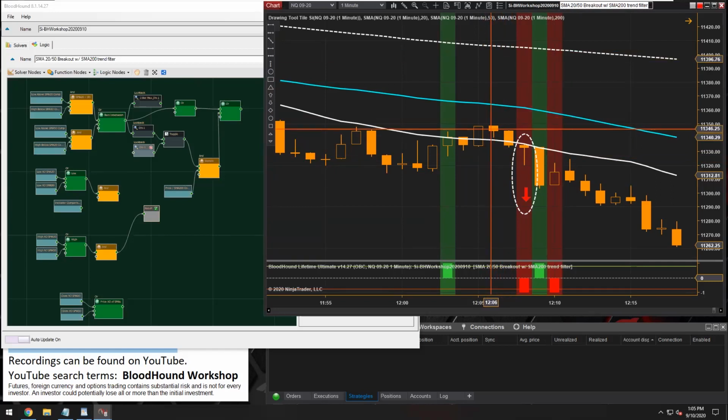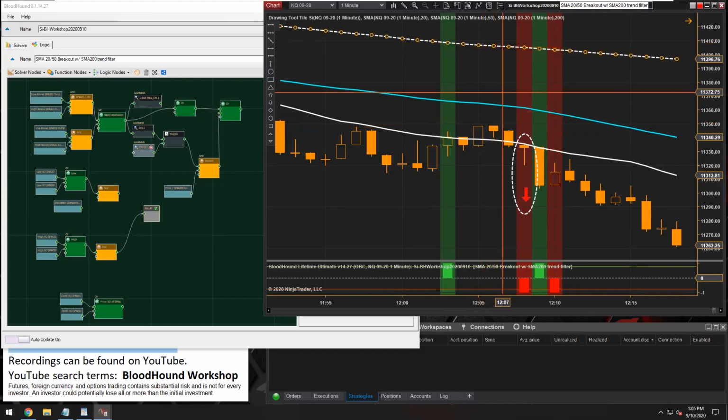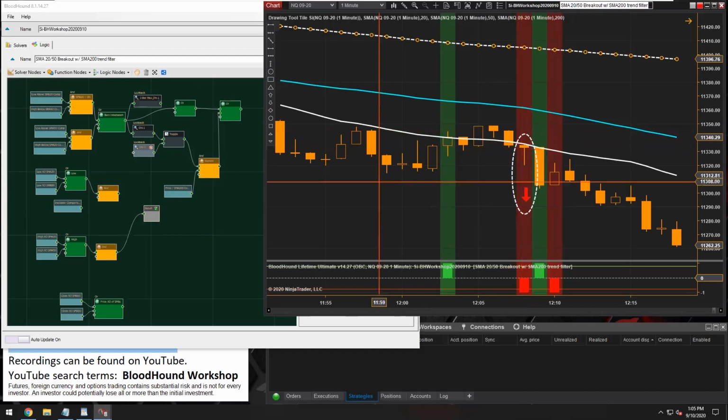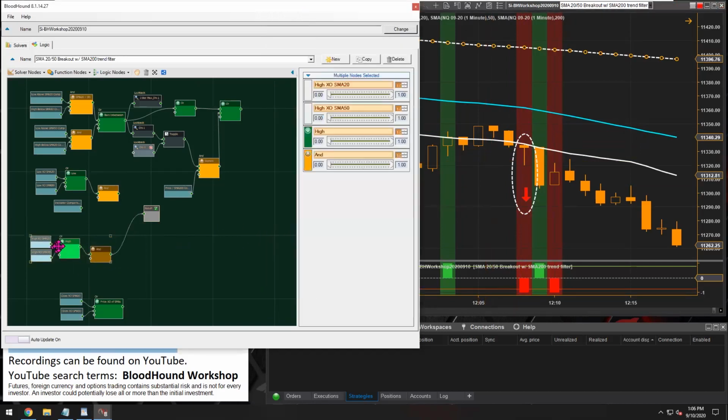If price is below the SMA 200, we're looking for short signals, and so we want to know when the high of the bar crosses the moving average. So we're only interested in the high price. That would be this group of crossover solvers down here set to the high price.